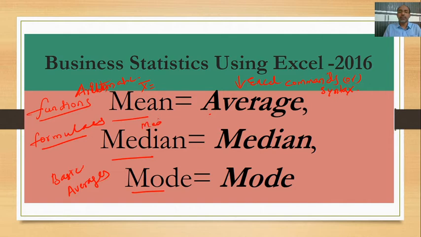Median, we know we have calculated in this way, and it is a positional average, right? This is the Excel formula or syntax. This is average for Excel. For mode also, there is a MODE function.